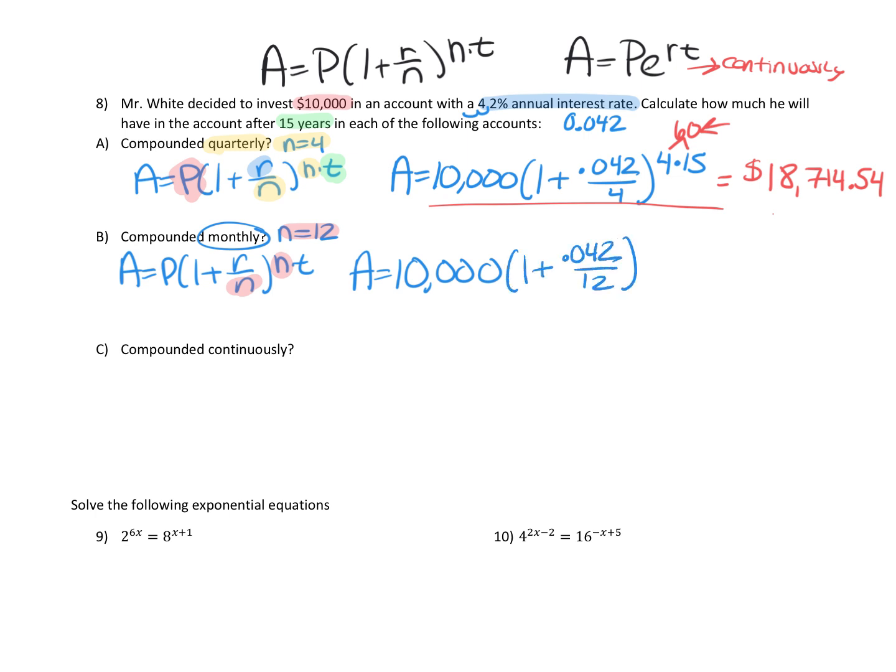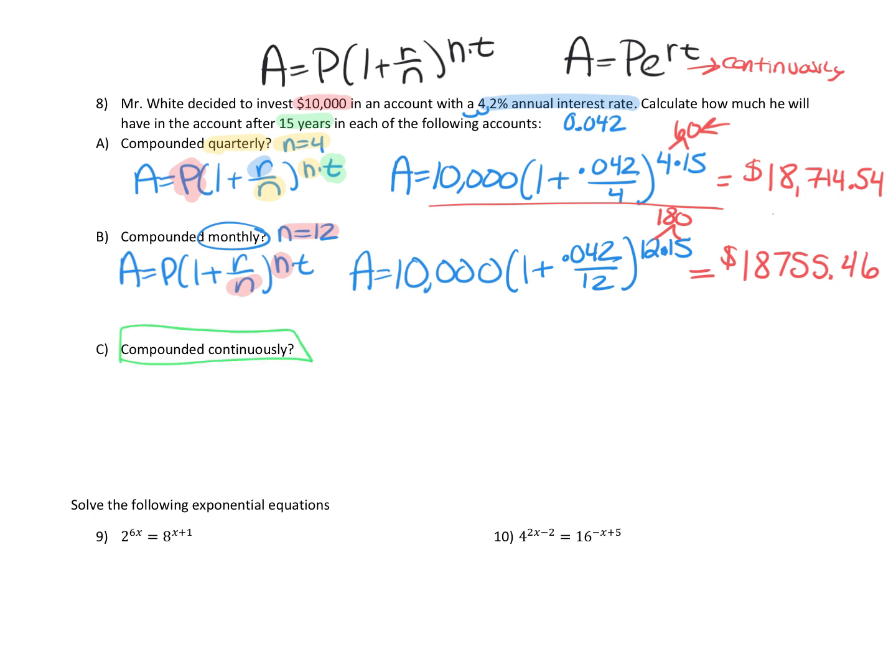So over 12, and then 12 times 15. 12 times 15 is 180, so make sure I put my exponent in at 180. So 10,000 times 1 plus 0.042 divided by 12 to the 180th power. $18,755.46.